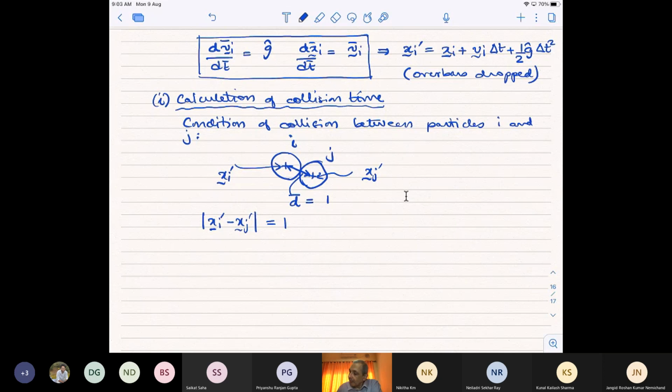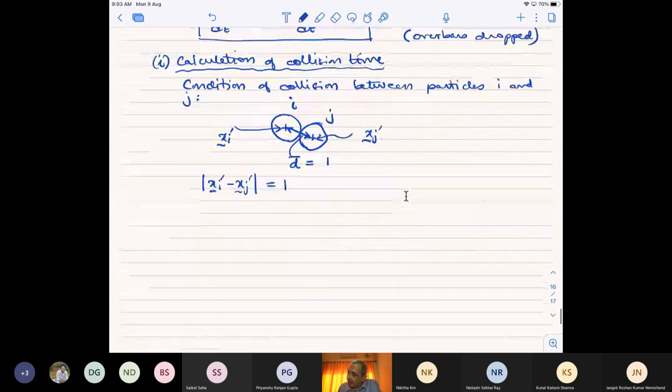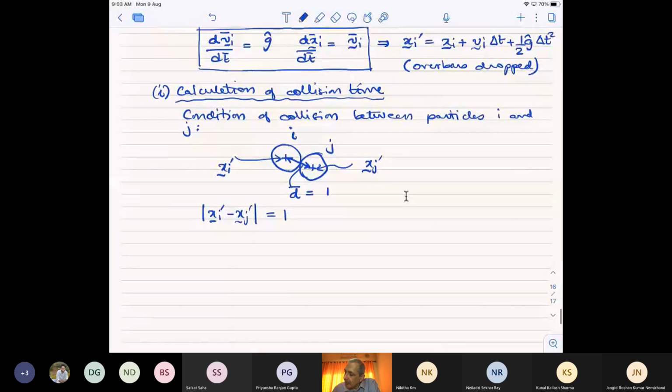But we already have a formula for calculating xi prime and xj prime. If we substitute for xi prime and xj prime, putting it in terms of xi and vi, this is nothing but the magnitude of xi minus xj plus vi minus vj times delta t, equal to 1.